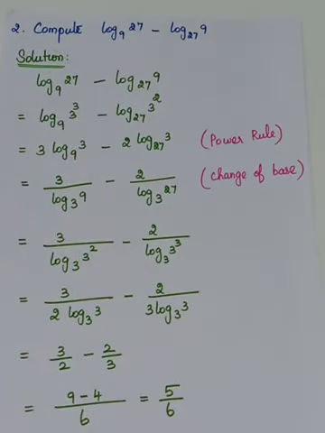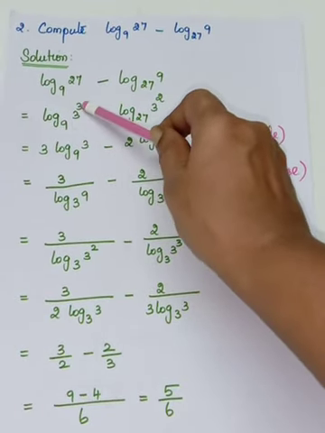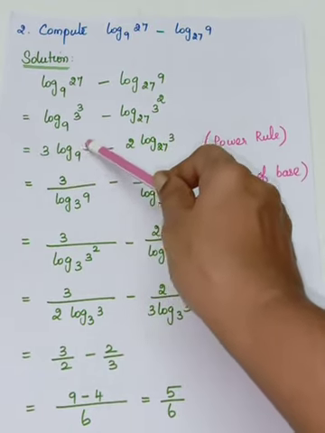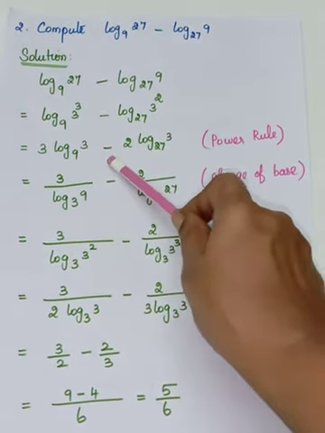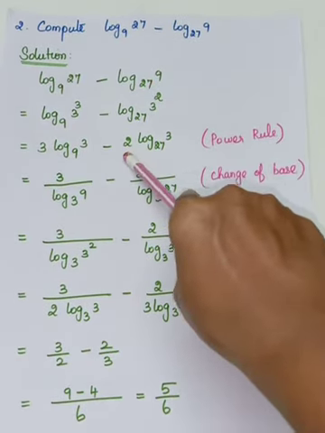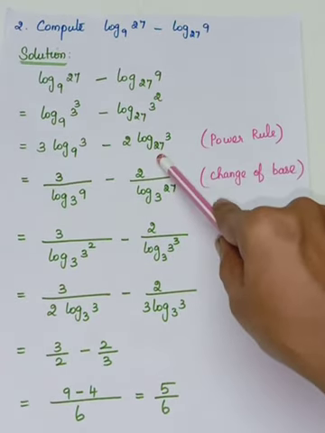In the same way, here the power is 3. The bases are not the same, so using the power rule the 3 will come in front: 3 log 3 to the base 9 minus, in the same way, this 2 will come to the front using the power rule, 2 log 3 to the base 27.